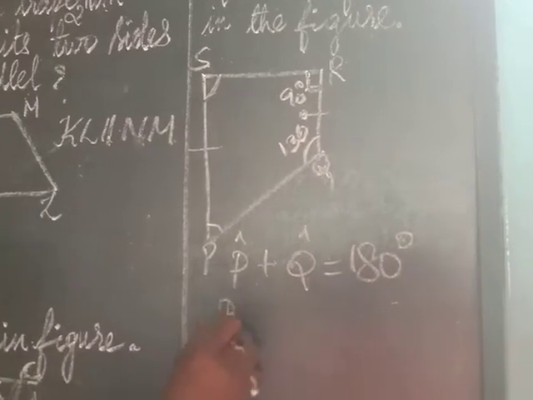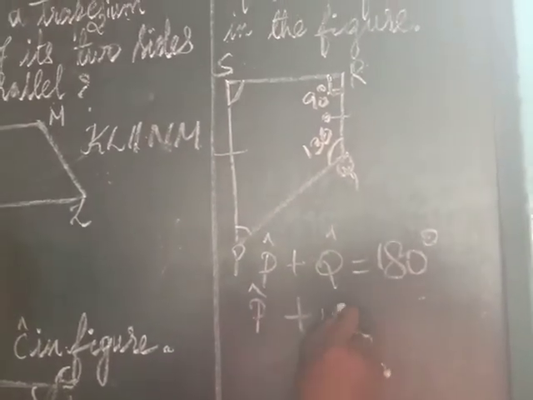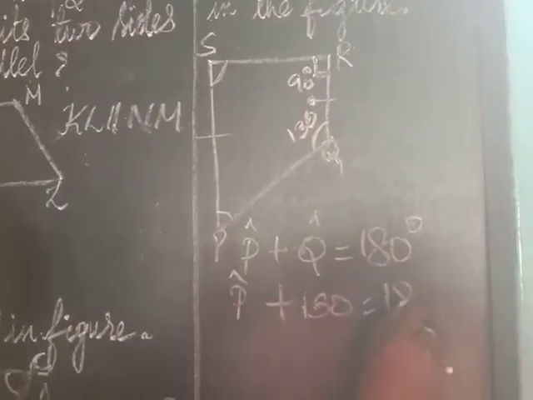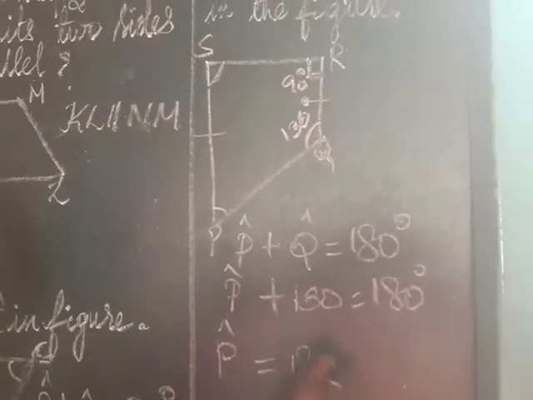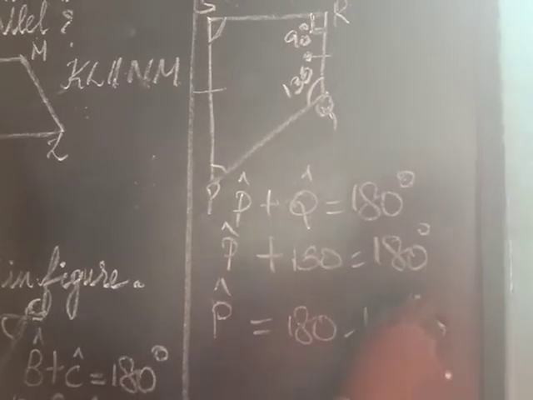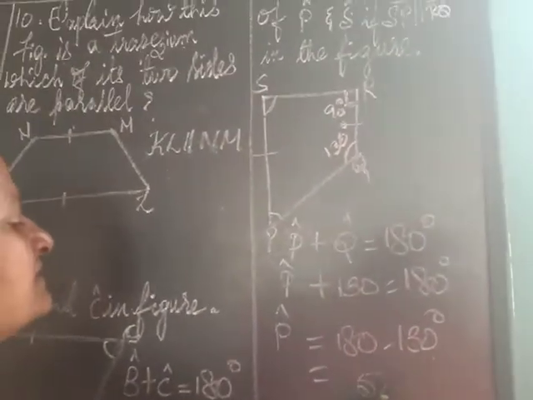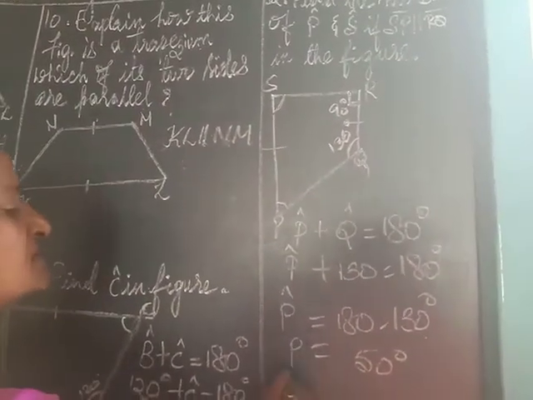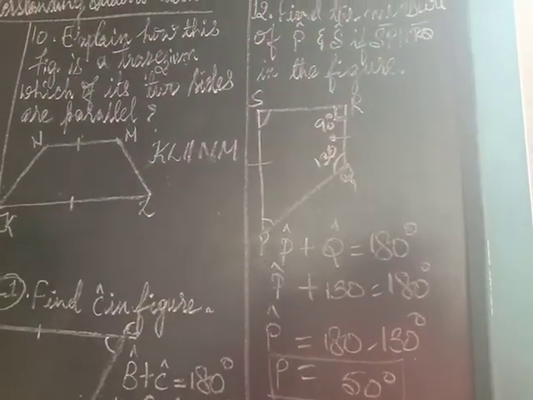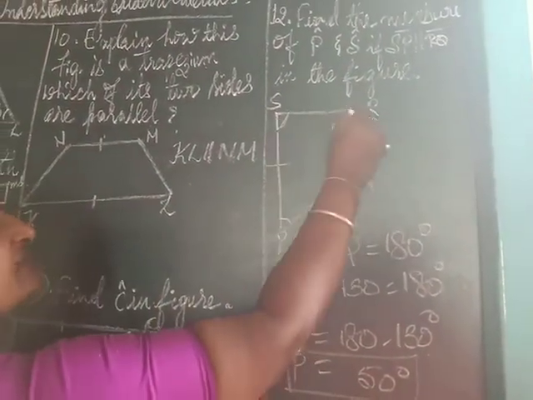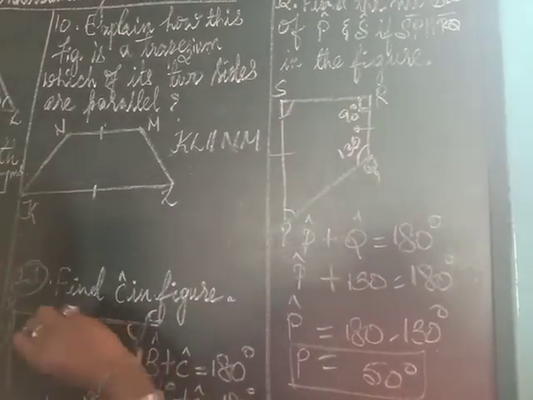Angle P plus 130 is equal to 180 degree. Angle P is equal to 180 minus 130, that is equal to 50 degree. Understood? Then next we have to find angle S. We know that the sum of these two angles is equal to 180 degree.